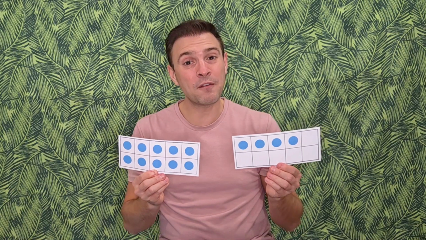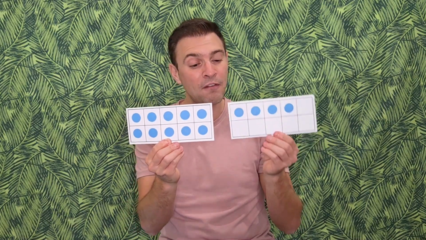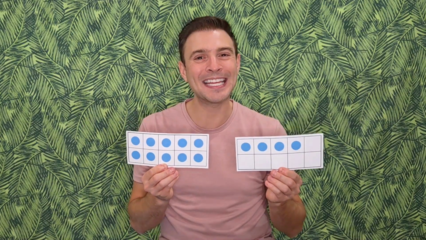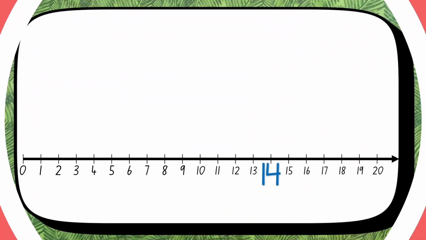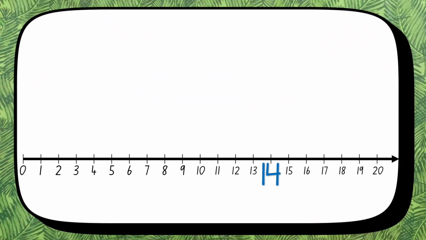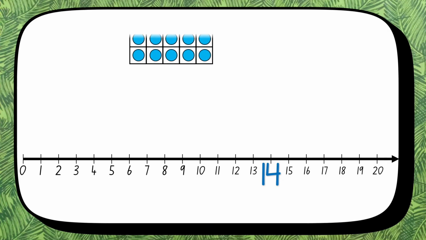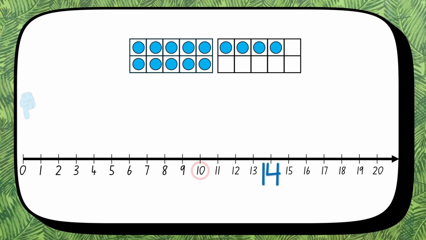Well, now that we know that 14 is made up of 10 and 4, let's have another look at the number line. Let's use a faster way to reach 14 without counting by ones. We know that 14 is 10 and 4 more. So let's start with one big jump to 10.